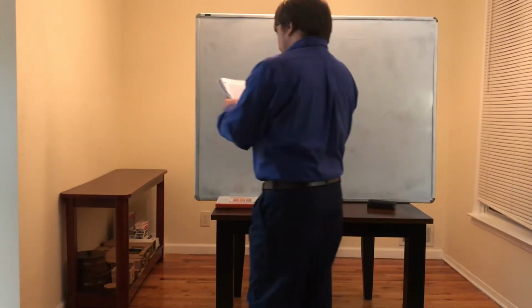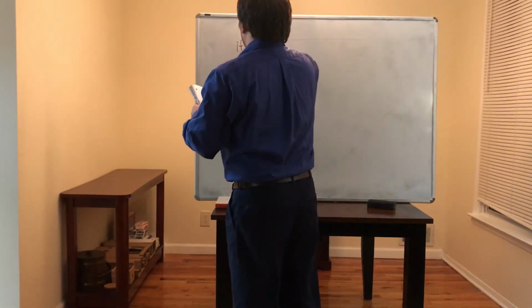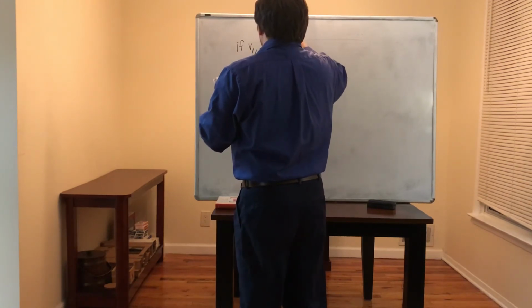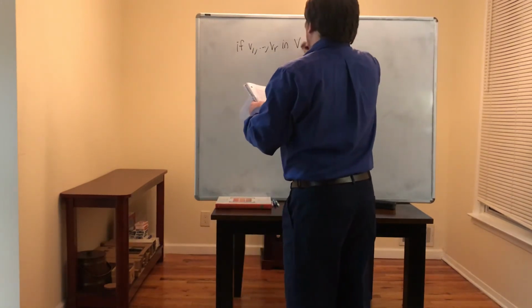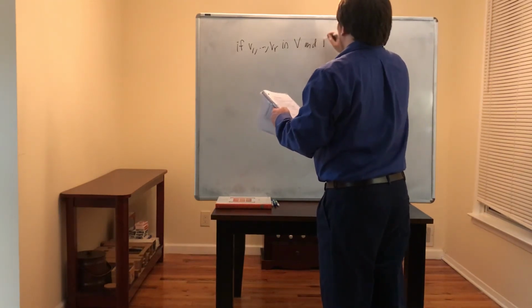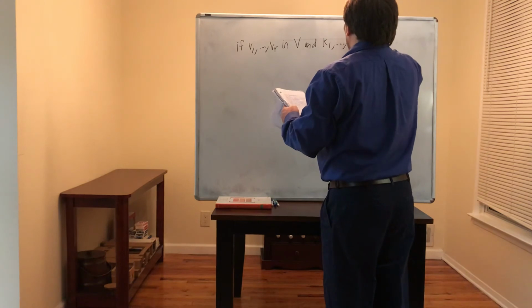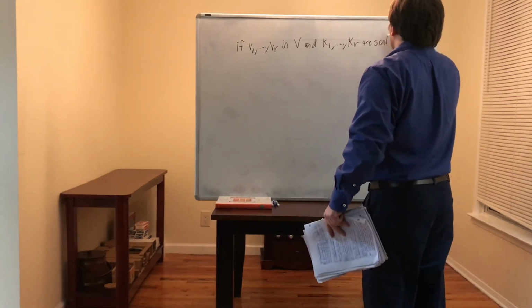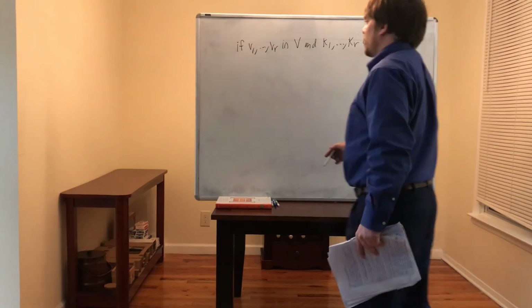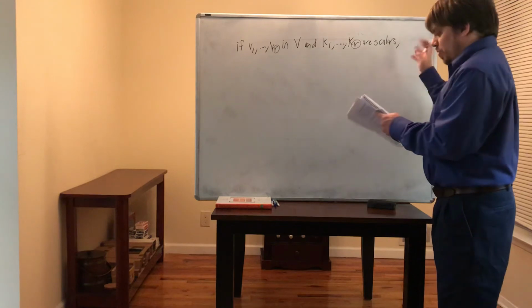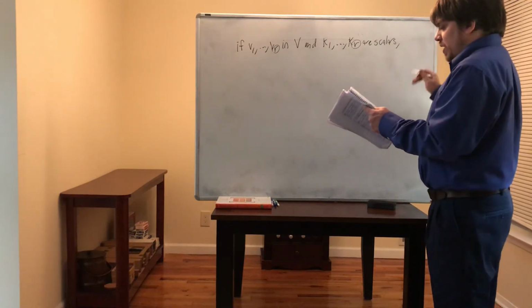If v1 to v sub r are in vector space capital V, and k1 to k sub r are scalars, I'm using the little r here because I'm talking about r of them, going from 1 to r so I can talk about an arbitrary number r of vectors and scalars.